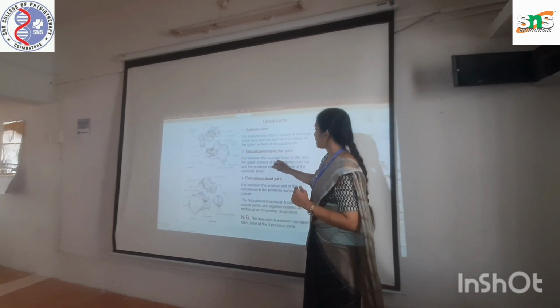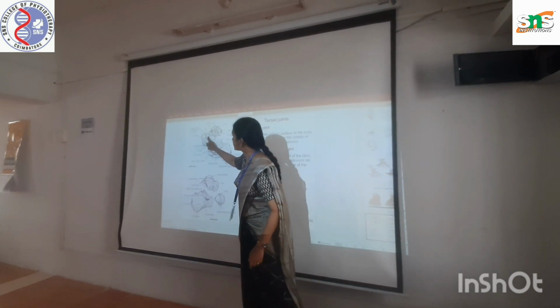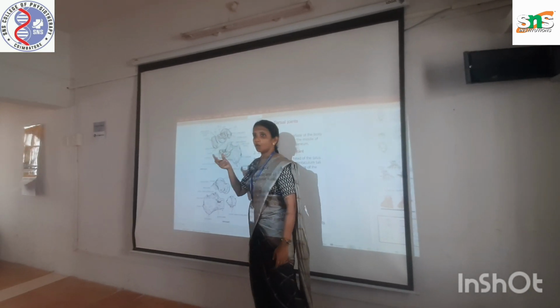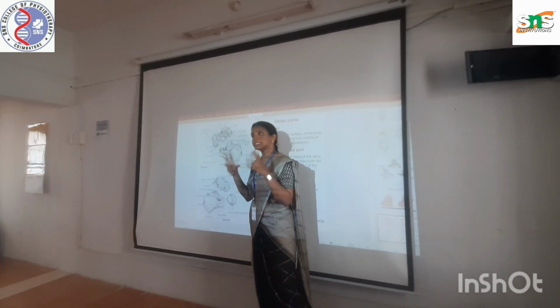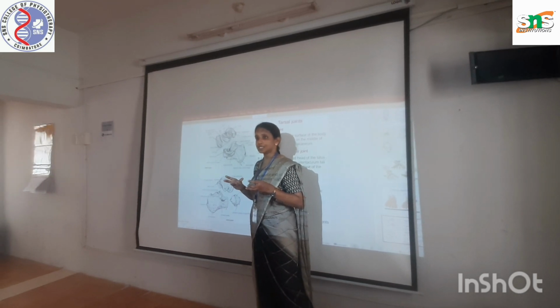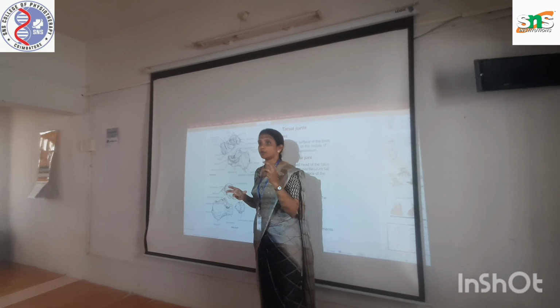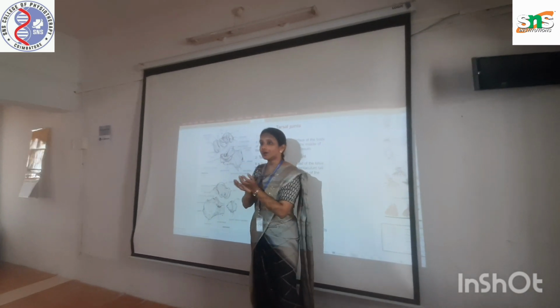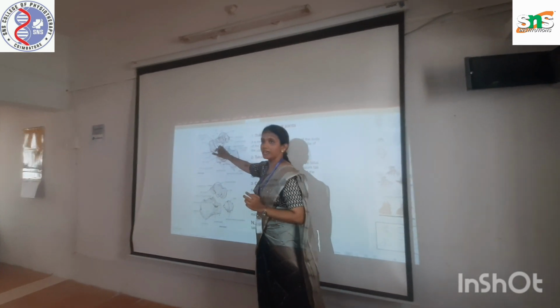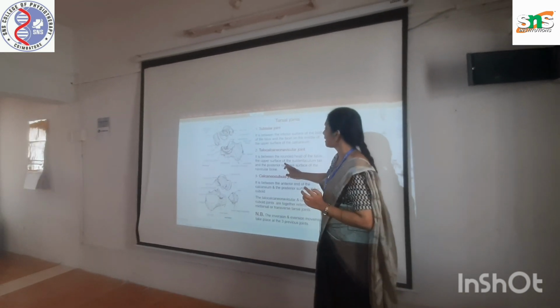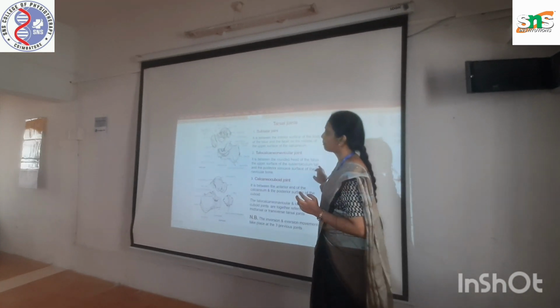the talocalcaneonavicular joint. This is the rounded head of talus. Can you see this shape? Rounded head. Have you all seen the talus bone? Yes. The talus bone is one of the tarsal bones. It has a rounded edge, and that rounded edge articulates with the upper surface of the sustentaculum tali.